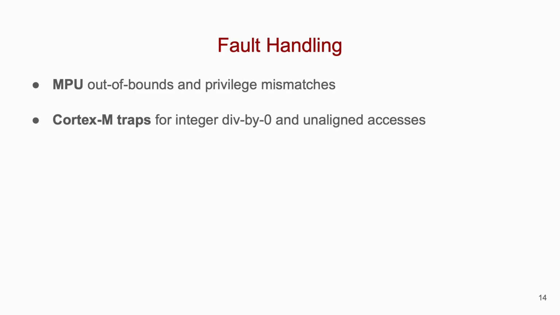For ARM Cortex-M architectures, it uses the inbuilt traps for integer divide by zero and unaligned accesses. For embedded devices with the floating point unit, it uses the FPU's divide by zero and invalid floating point operation detection capabilities.